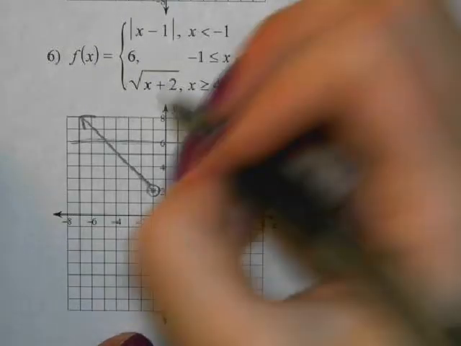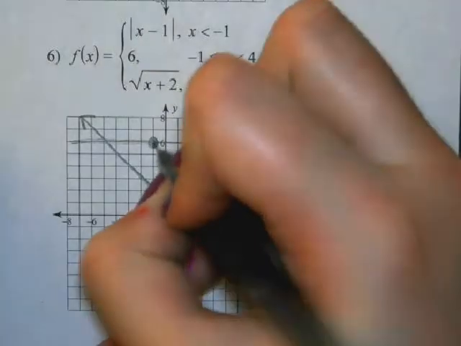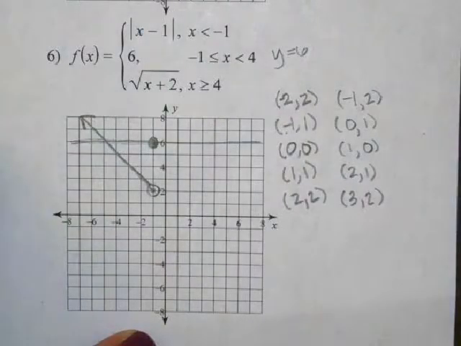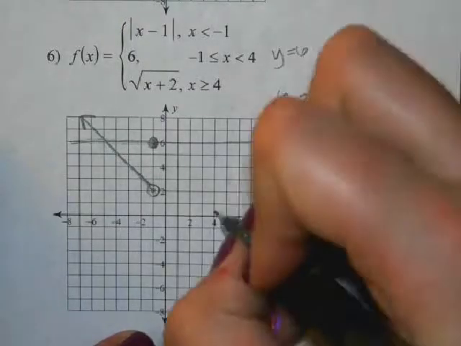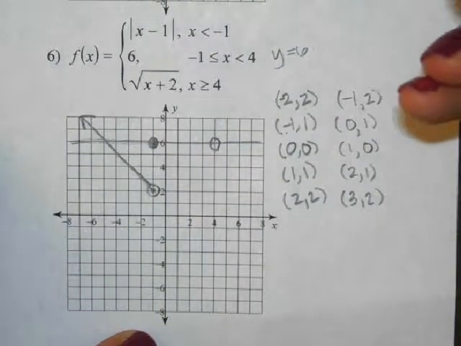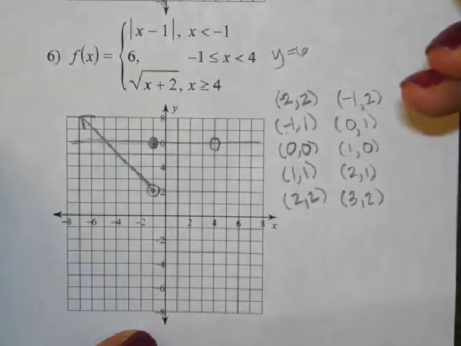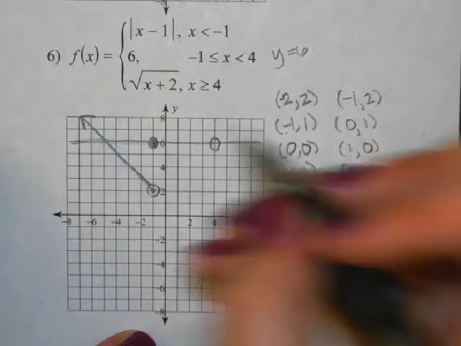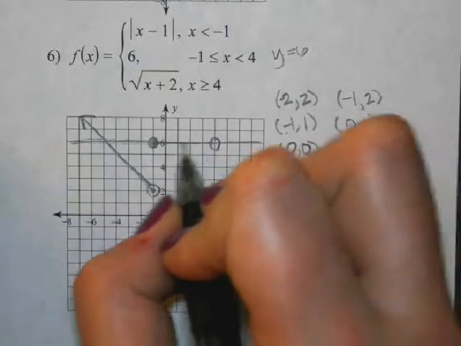You do the sandwich. So I have -1 filled in. And then what? And then 4 is open. And then erase the outside, keep the middle.